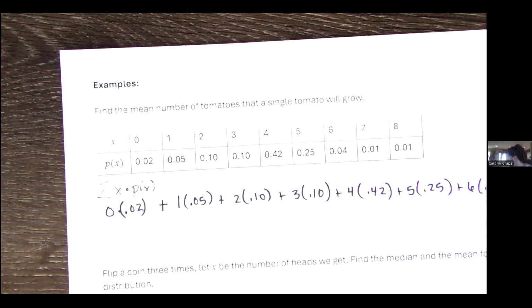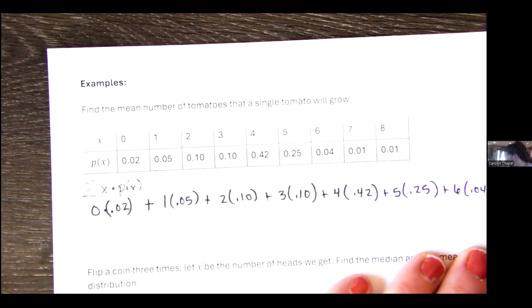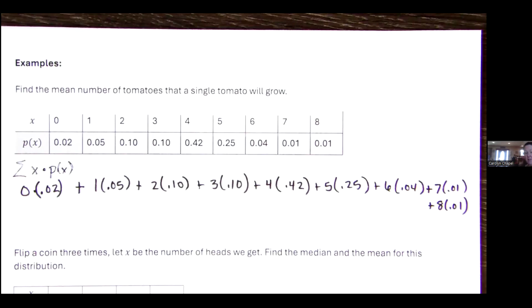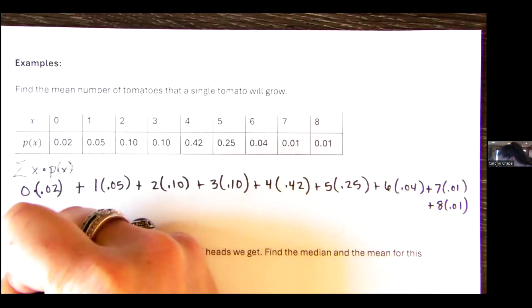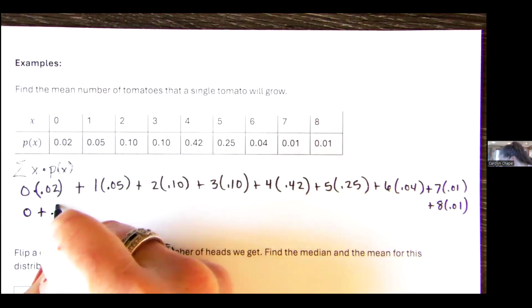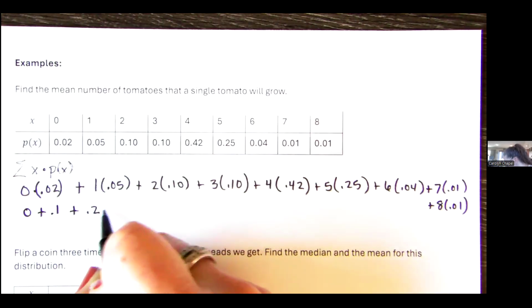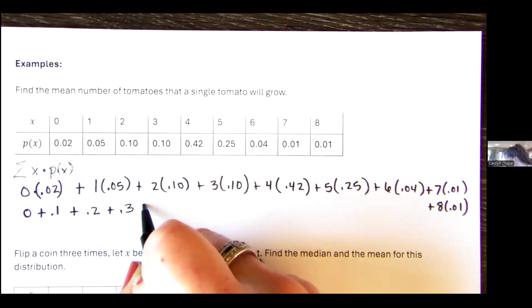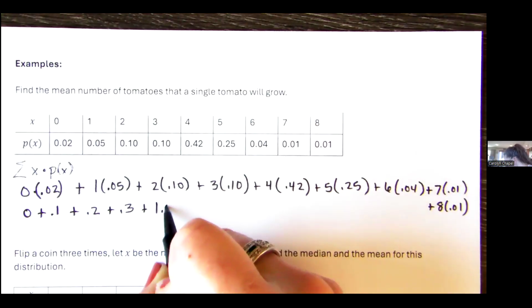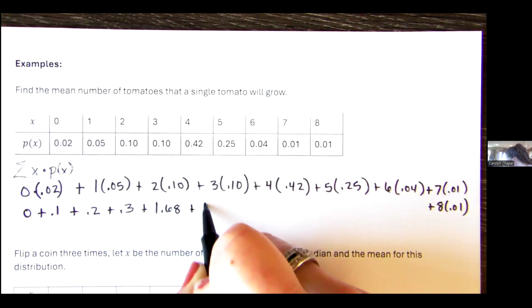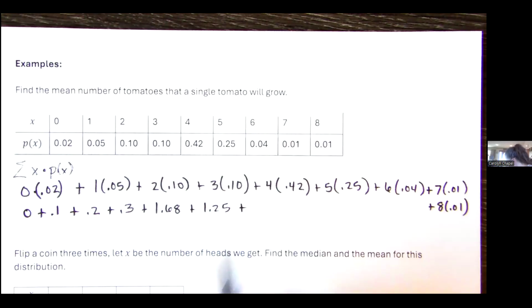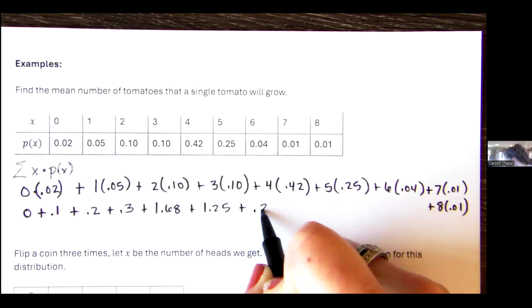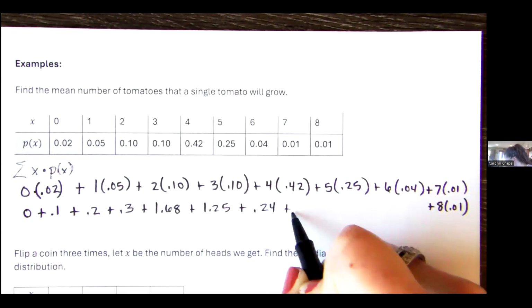And I'm going to run out of room. Now, remembering that order of operations tells us we have to multiply before we add, I'm going to multiply these values together. Hopefully I'm doing this multiplication correctly.